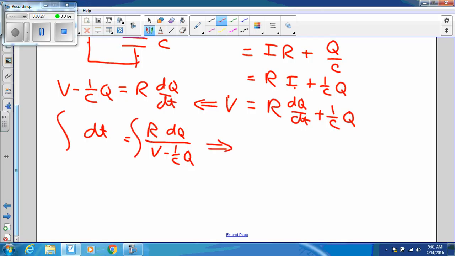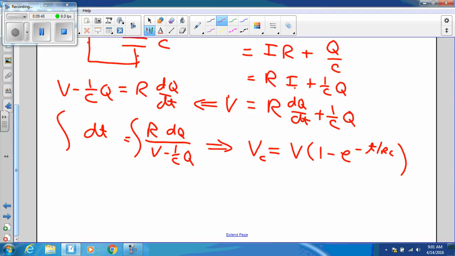After doing the necessary integrals, eventually I end up with this relationship right here, that the voltage across the capacitor is going to be equal to V times 1 minus e to the negative t over RC.